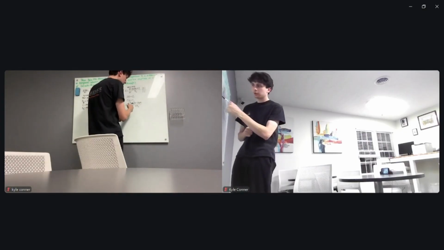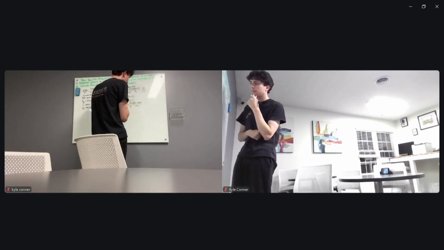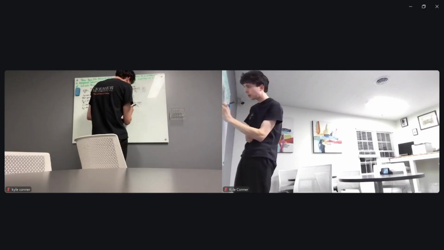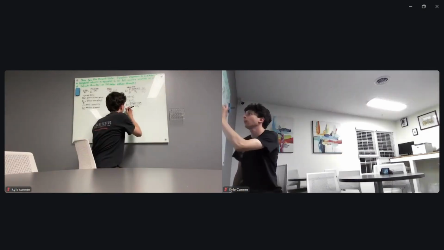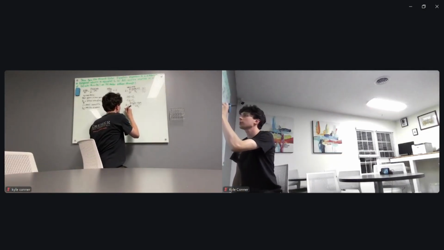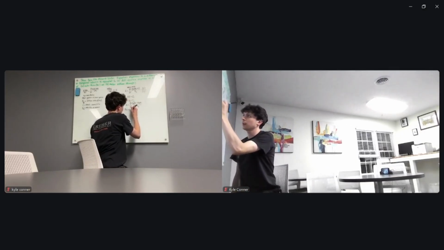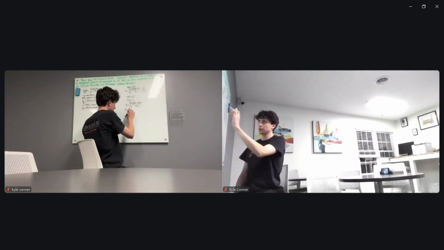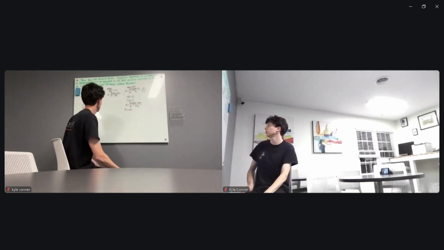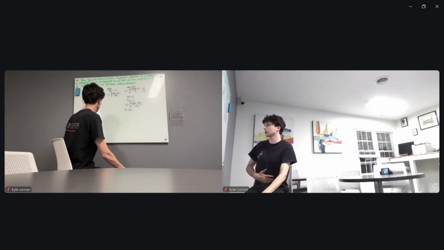So we can do some rearranging and simplification to further simplify this. An important concept to know is Ni is equal to Ci Vi. Concentration times our velocity is equal to our molar flux.